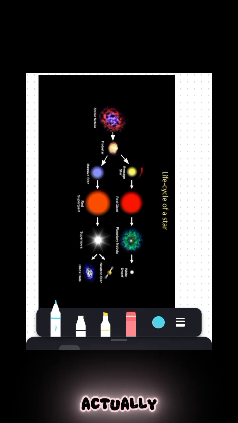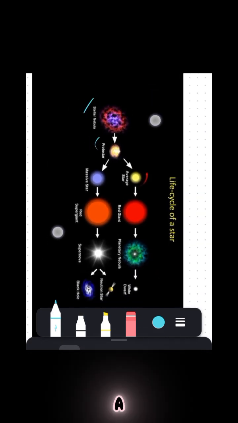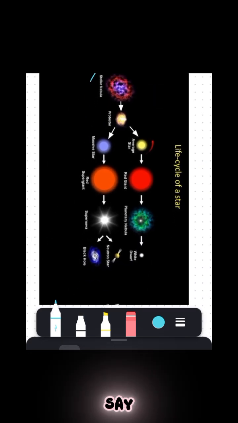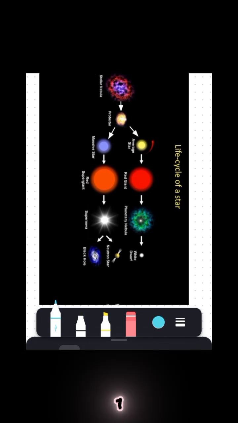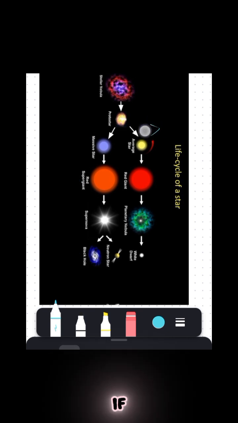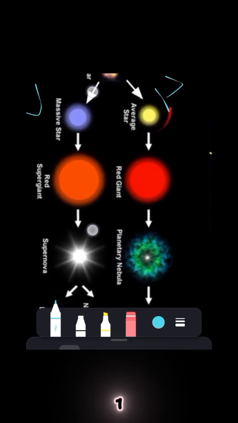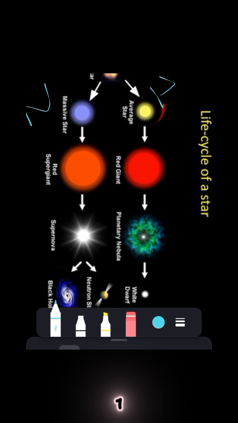Actually, after the stellar nebula and protostar, we have two possibilities, path 1 and path 2. Let's talk about path 1 first. After the protostar, it can be path 1 or path 2.